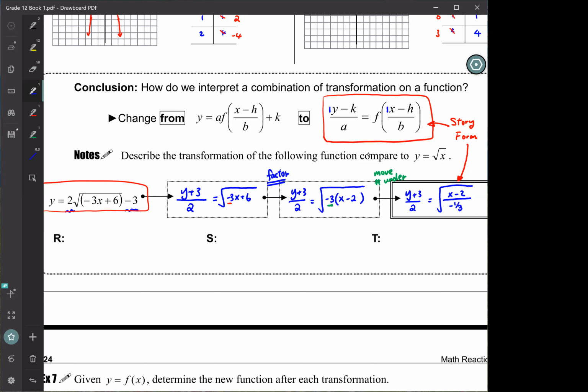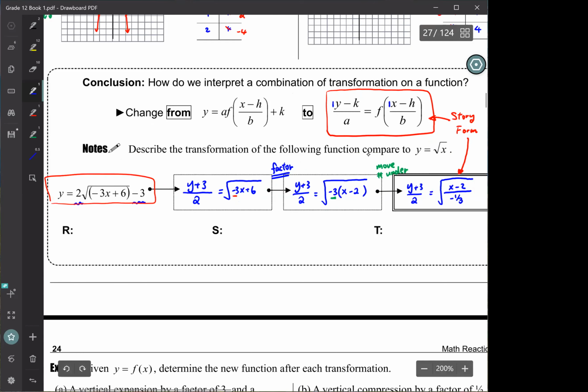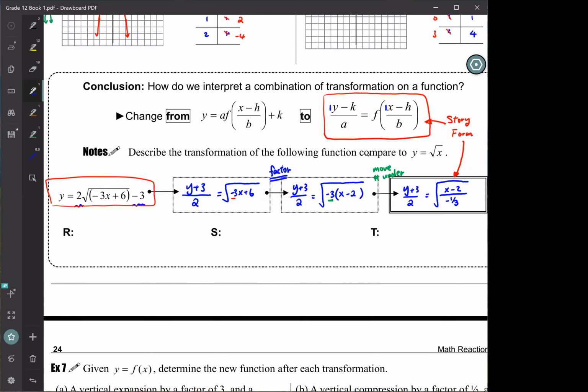Yep, okay. So let's say, Eric, what's the R? Reflect over y-axis. Yep, over y-axis, very good. Now for the S, Irae. Vertical stretch by 2 and horizontal compress by 1/3.